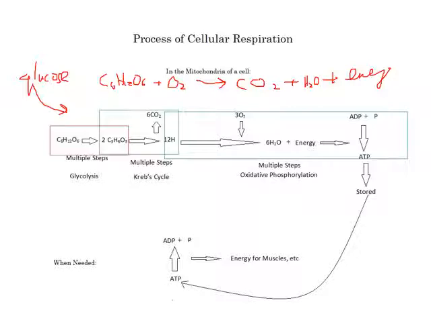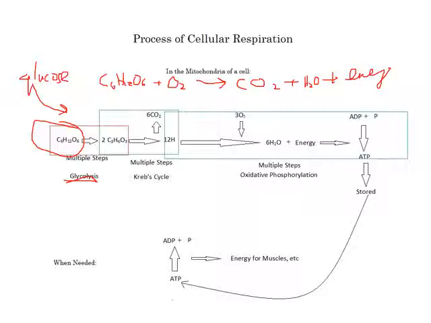But it doesn't do it in one simple step. Like I said, nature makes things complex to make things simple. So what happens is the glucose goes into your mitochondria, and the first step is called glycolysis.